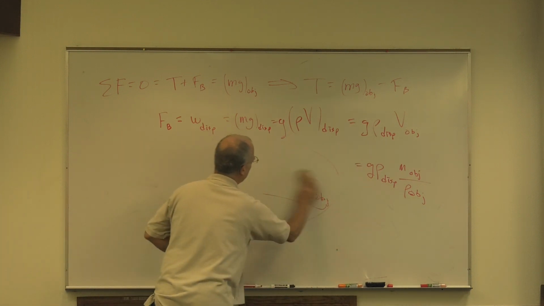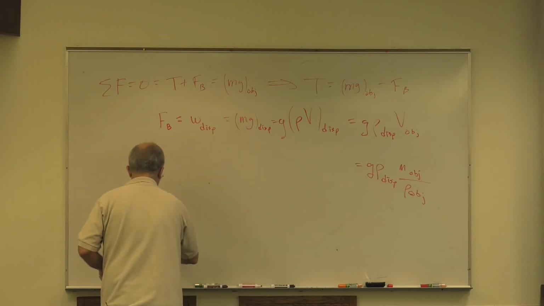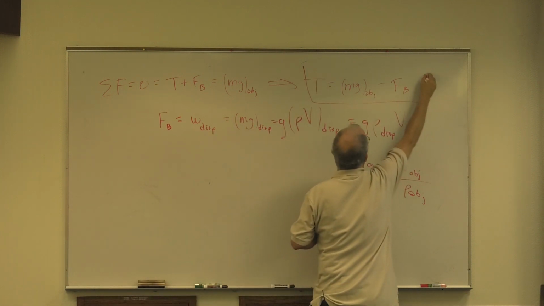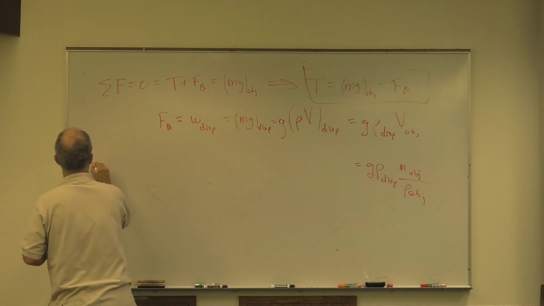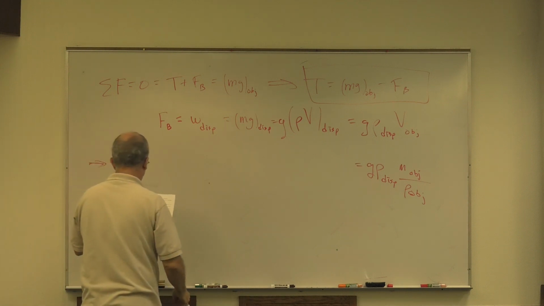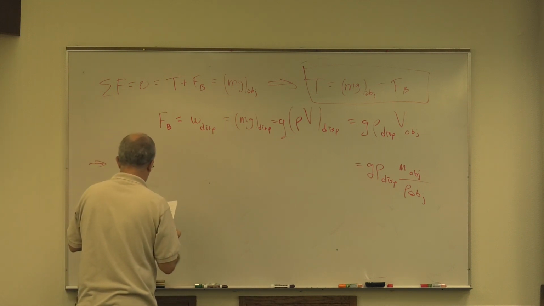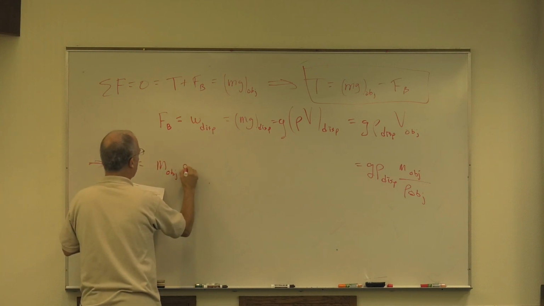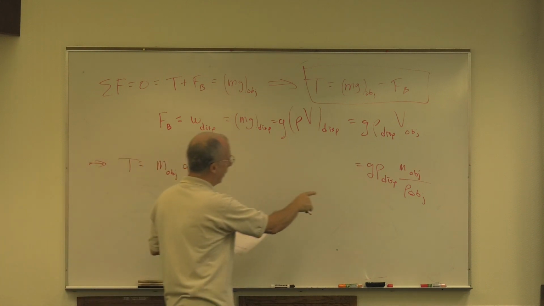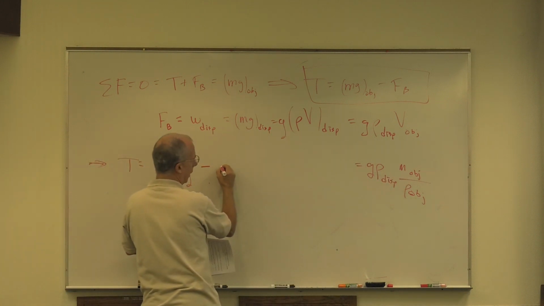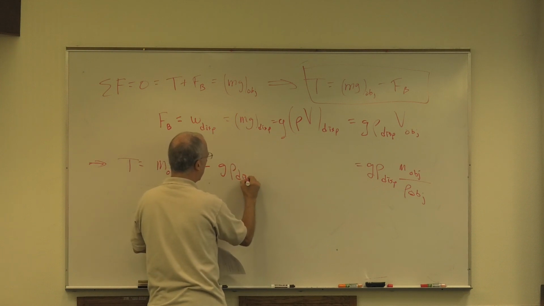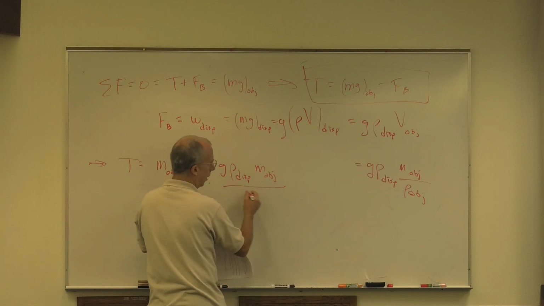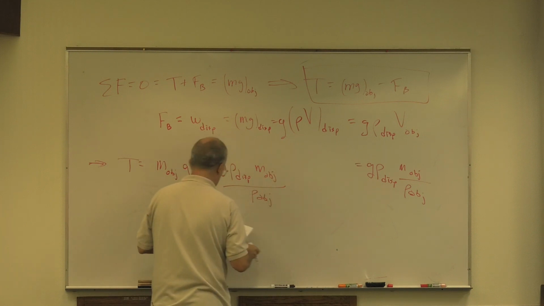All right, so now we can solve the problem. Okay, so go back here. The tension equals the weight of the object, which is m object times g, minus the buoyant force, which is this thing, minus g rho displaced fluid times mass object over rho object.